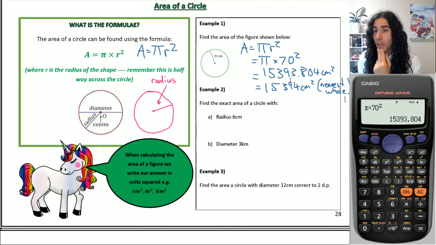Okay, exact area of a circle with radius 6 centimeters. So we're just going to go pi times 6 squared. Oh, that's right, no, I want the thin pens. People are telling me I should write with the thinner ones rather than the thick ones, because when we project it up on the screen, it makes it hard to read.